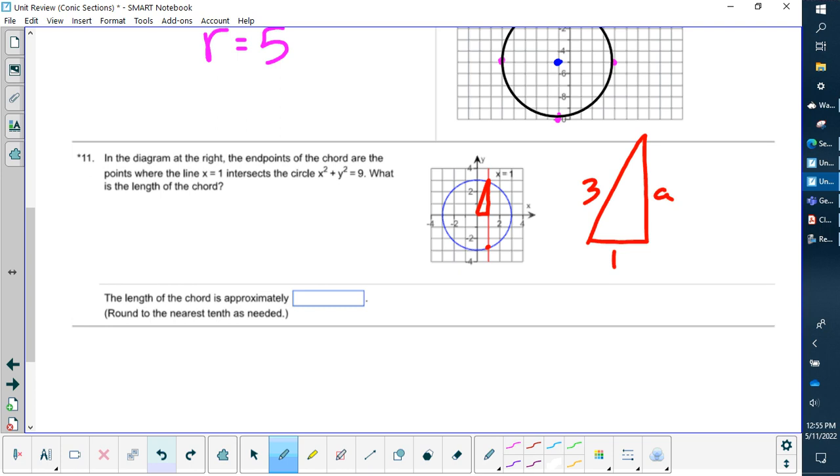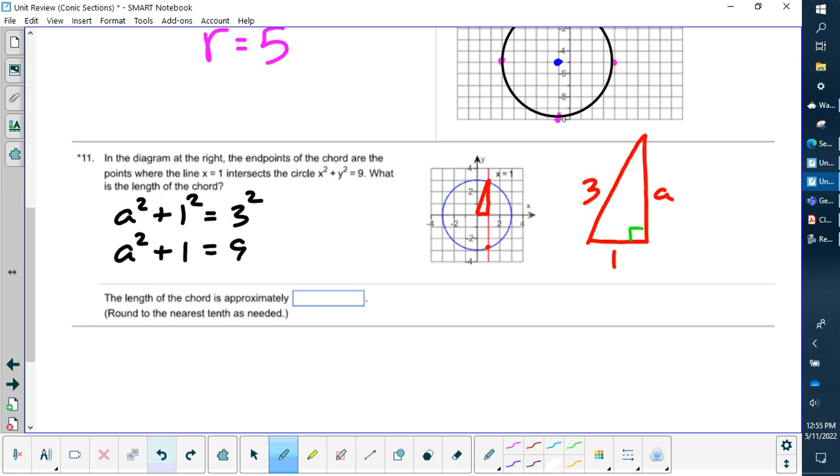So let's use the Pythagorean theorem. It is a right triangle here. So I'm going to say a squared plus b squared equals c squared. My c has to be my hypotenuse, the side opposite the 90-degree angle. I would change these into numbers. A squared plus 1 equals 9.